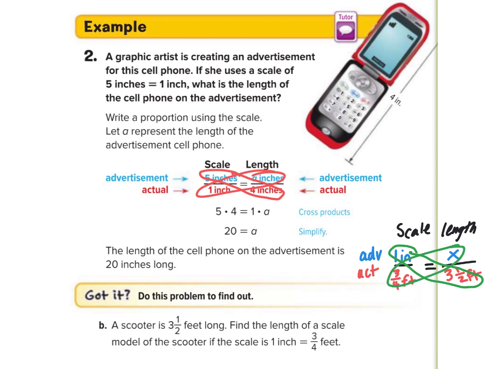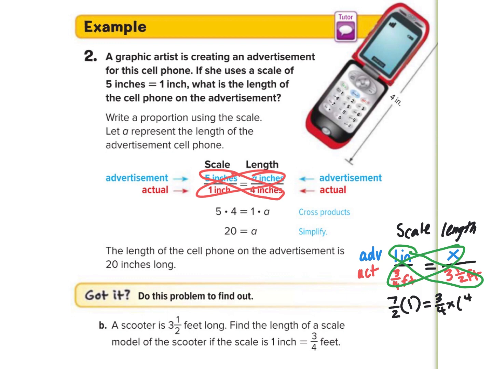So I would have 3.5 feet, which I'm going to turn into an improper fraction. So 7/2 times 1 equals 3/4 x. Now to get x by itself, I need to multiply by the reciprocal.